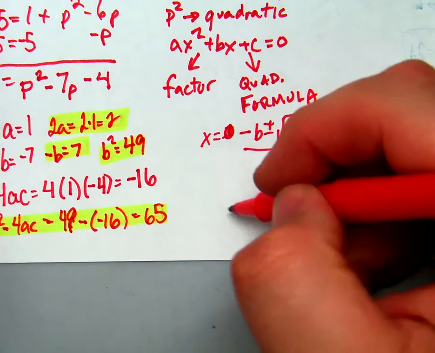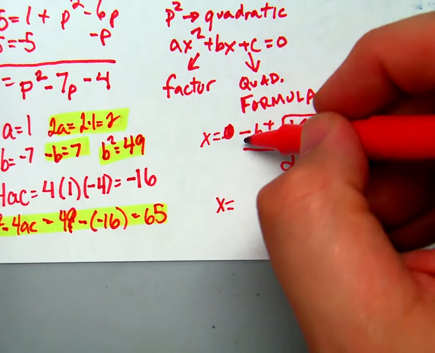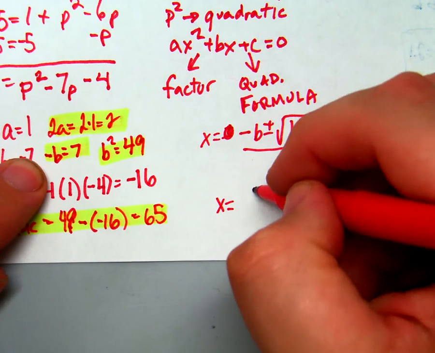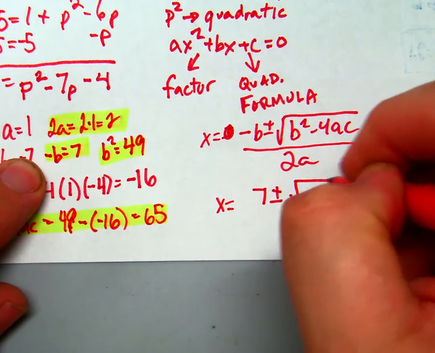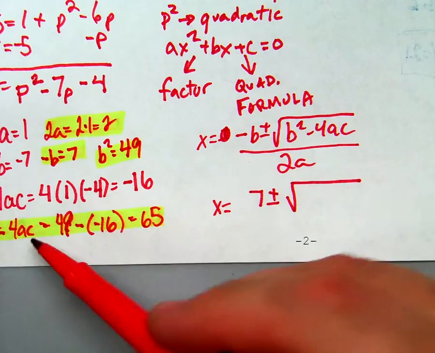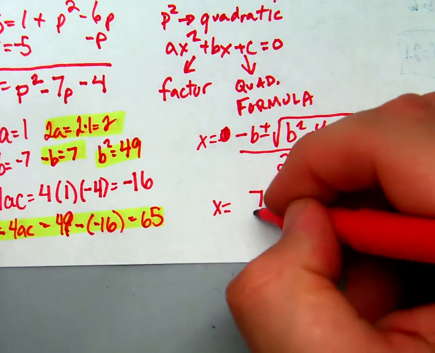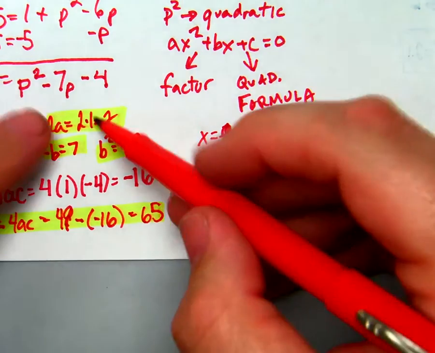My negative b is 7, plus or minus the square root of 65, all over 2a, which we figured out was 2.